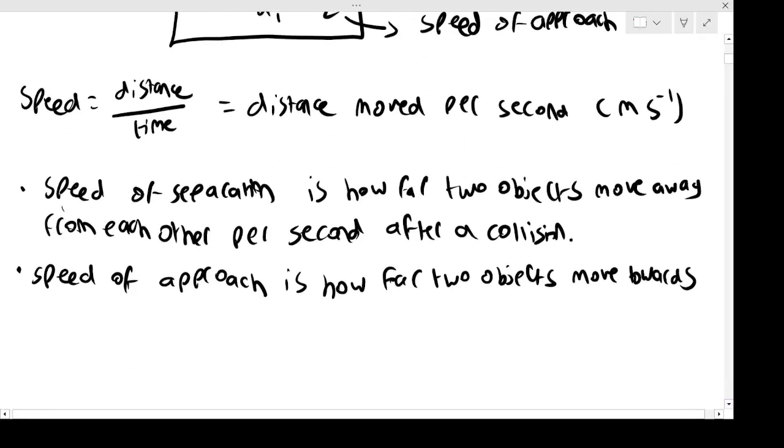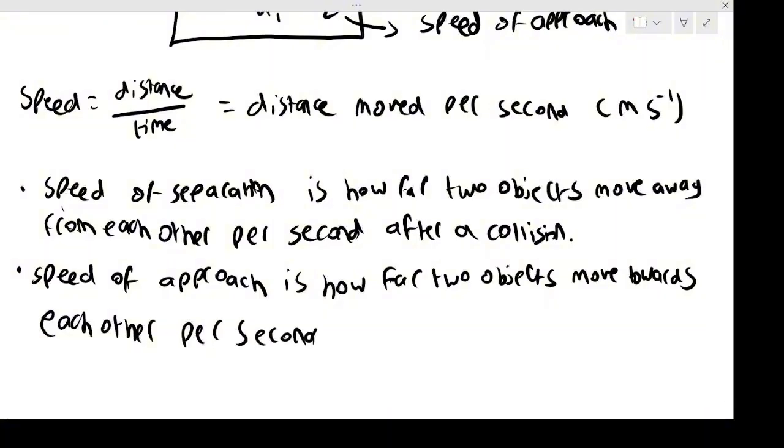So how far they move towards each other per second before a collision. That is what these two speeds mean in words, in a physical way.